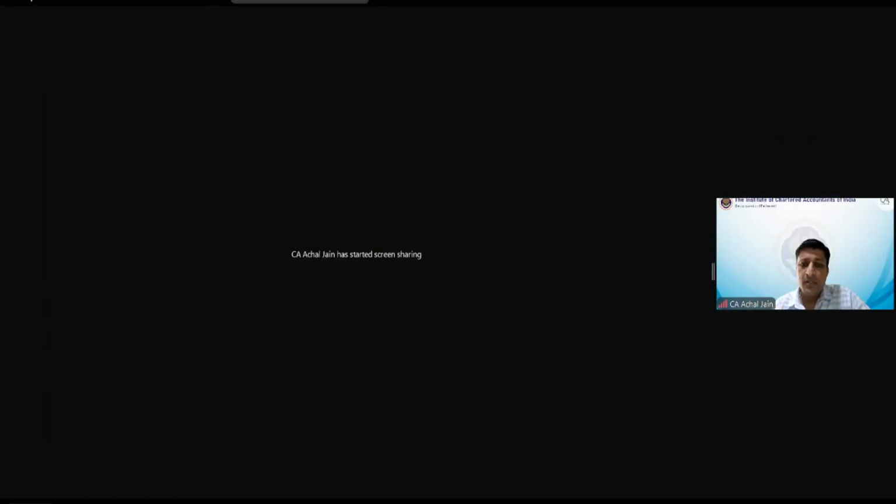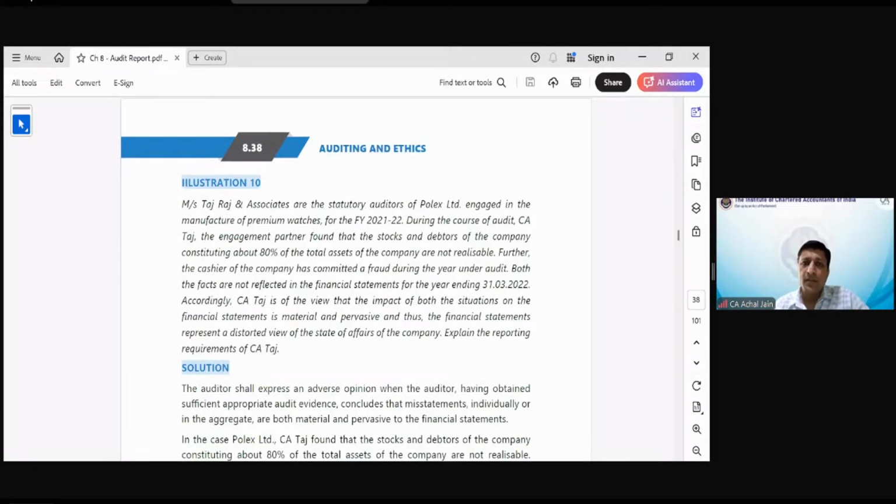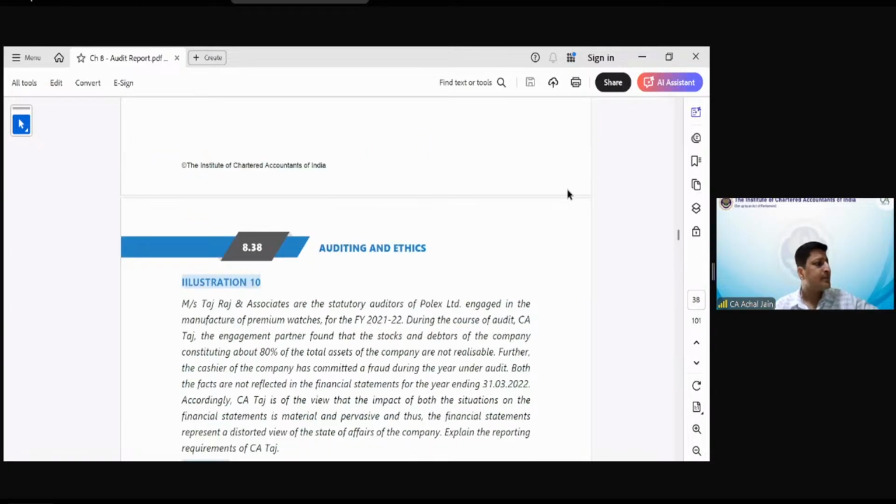All right. So now what we will do is get on to some more examples. Okay, so let's look at this example. Messrs. Taj Raj and Associates are the statutory auditors of Polex Limited.